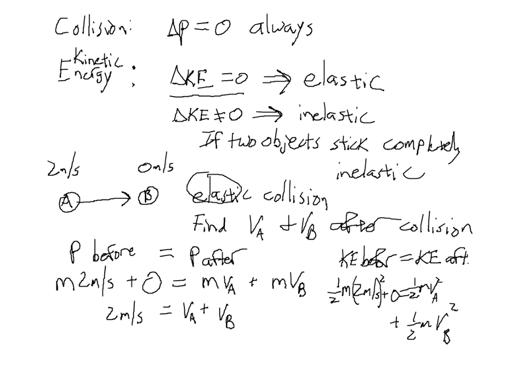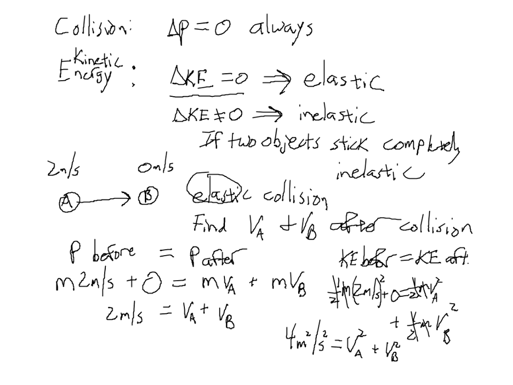I can divide both sides of this equation by the mass, and I can multiply both sides of this equation by 2 to get rid of the 1/2. And that gives me 2 meters per second squared, which is 4 meters squared over seconds squared, equals VA squared plus VB squared.